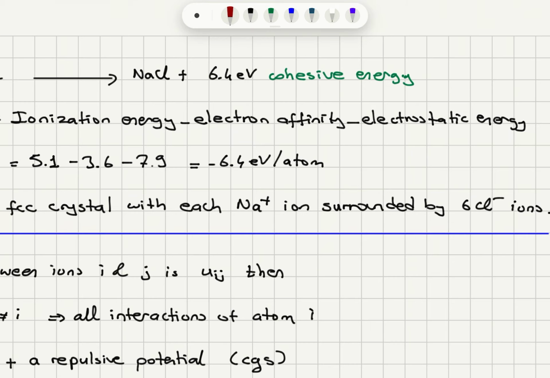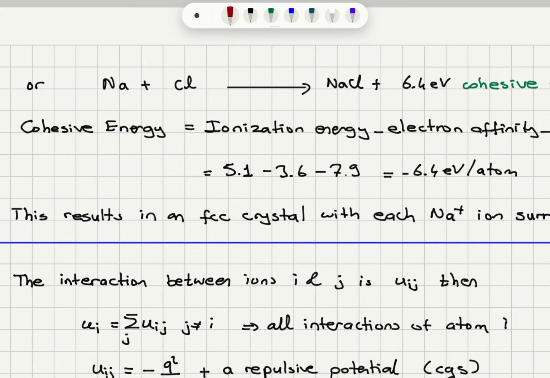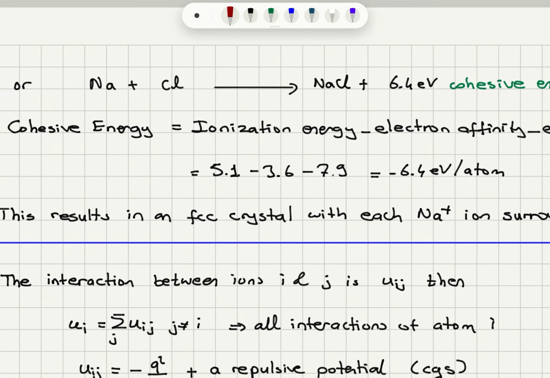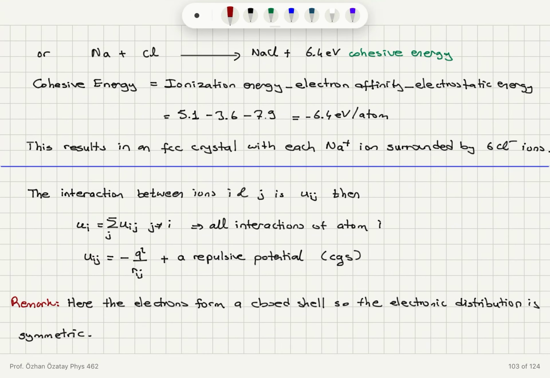That's the cohesive energy. So cohesive energy is ionization energy minus electron affinity minus electrostatic energy. So 5.1 minus 3.6 minus 7.9 is minus 6.4 electron volts per atom. That is the energy that we released.